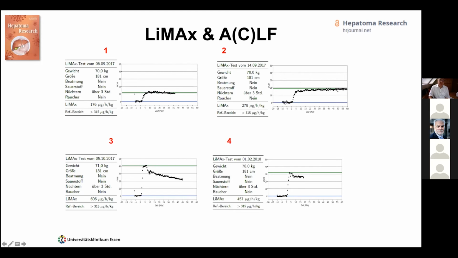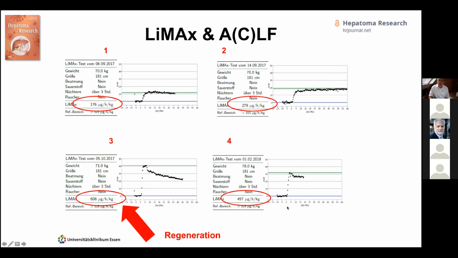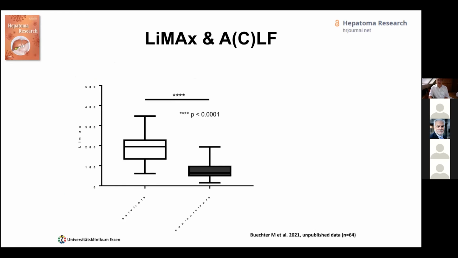and we have seen it maybe 4 weeks later after the injury. Then the LIMAX has normalized and it was regenerated, and this holds 3 months after the first event. Liver was completely normal, and the liver function assay was completely restored.